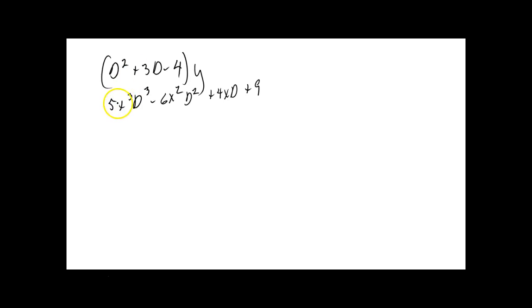That's a pretty ugly one. Now, that's an operator. It operates on some function, y, g, whatever function you have there. What that would be is 5x cubed times the third derivative of that function minus 6x squared times the second derivative of that function plus 4x times the first derivative of that function plus 9y, or 9 times whatever the function was. And then you set it equal to whatever you want it to be equal to.